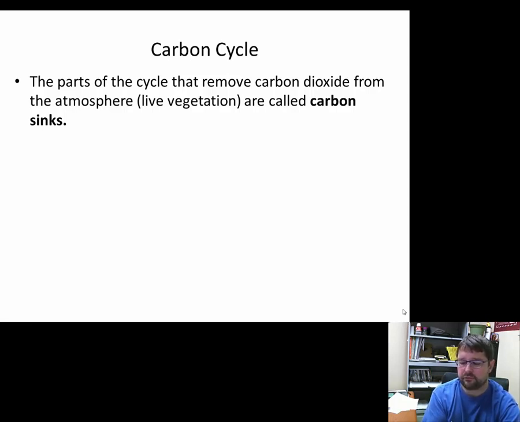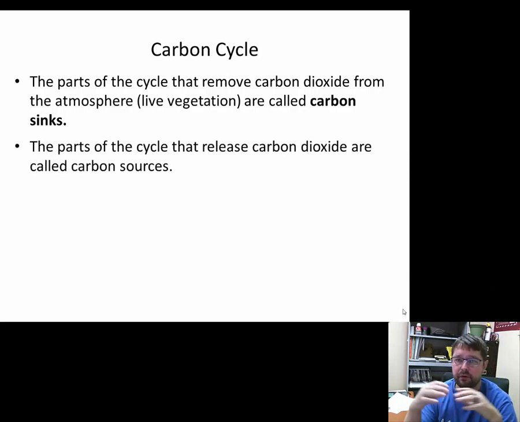Even while the plant is on the surface and decomposing, carbon is being released, at least into the soils, and then into the atmosphere. Sometimes if it's buried over a long period of time, you get these other types of carbon sinks. So you can get a carbon sink from the vegetation point of view, and you can get a carbon sink from a soil or geological point of view.